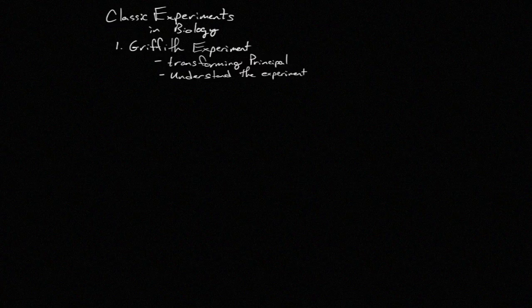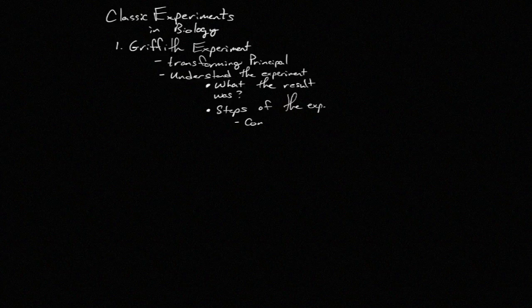And part of that understanding of the experiment is understanding what the result was, understanding the steps of the experiment, including and especially control groups and experimental groups.